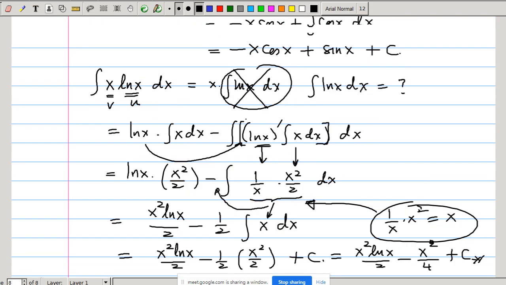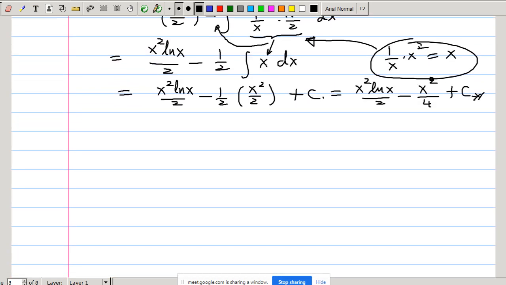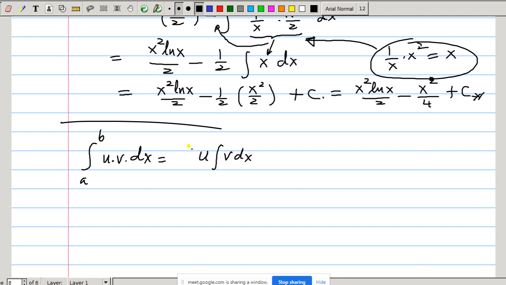Alright guys, so this is your integration by parts. I think it's easy. If they give you the limits in integration by parts, when you have this uv thing, uv dx, then u integral of v dx, and this whole thing goes from a to b.